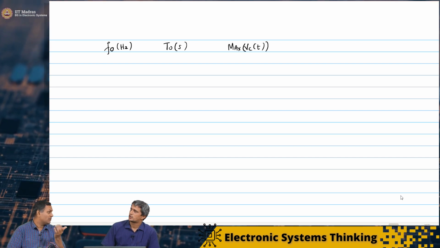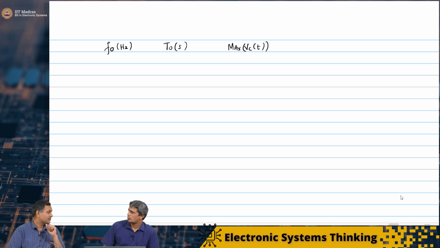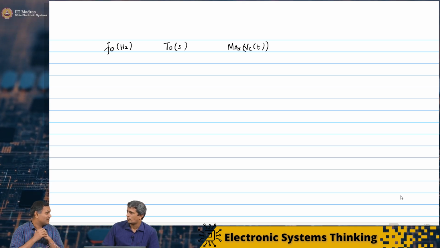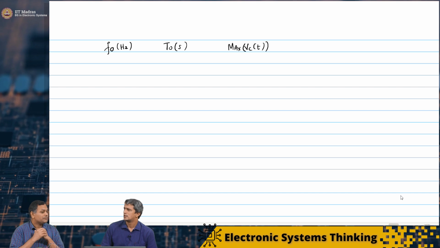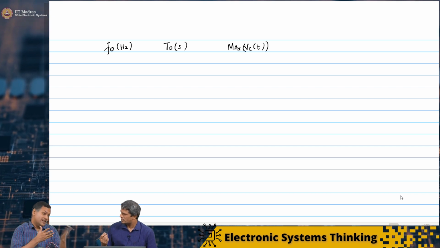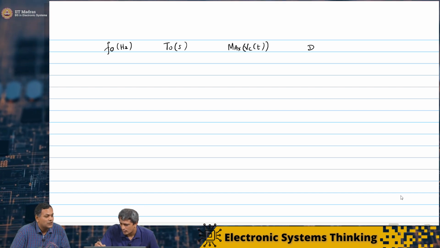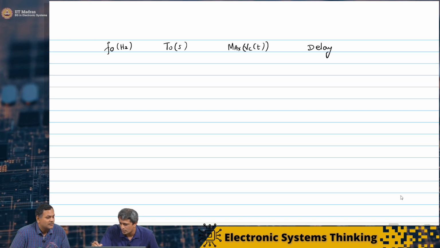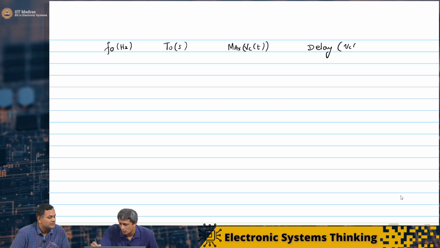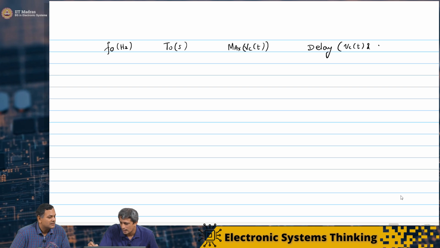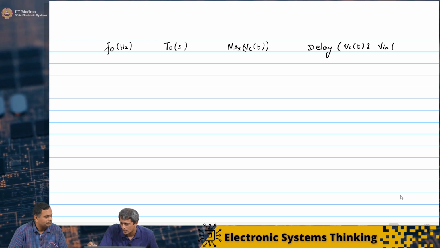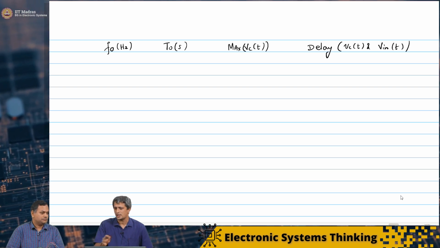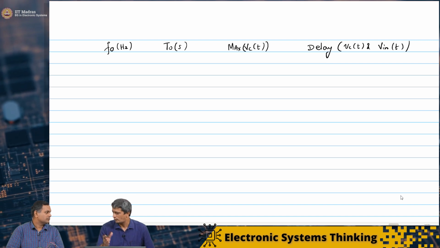So you're saying the capacitor can take its time to charge and discharge, and therefore there can be a delay between Vc of t and V in of t. We'll just make this observation, and later we'll see if we have to give it a different name.